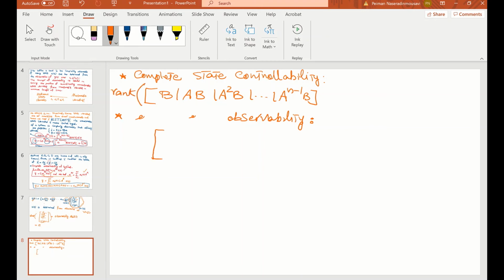The rank of this matrix for controllability, and the rank of this matrix, C, CA, up to CA to the n minus 1, right? For which system?